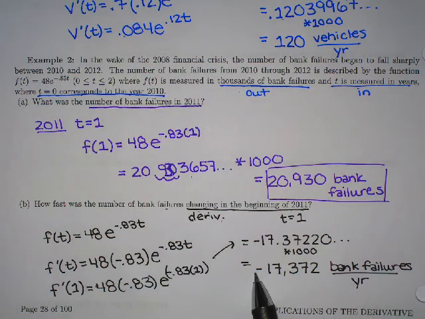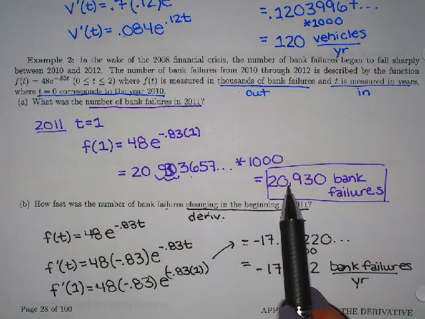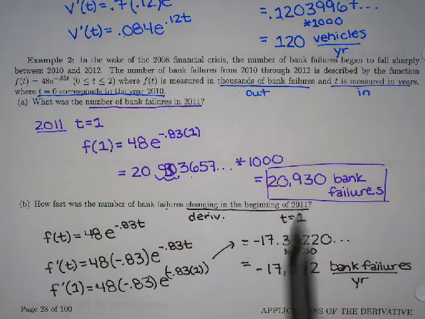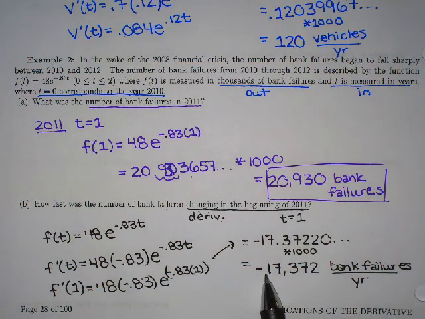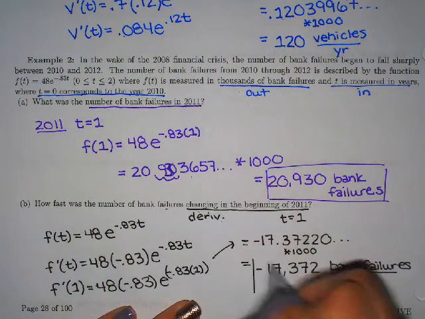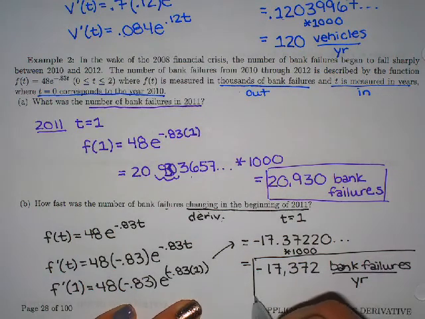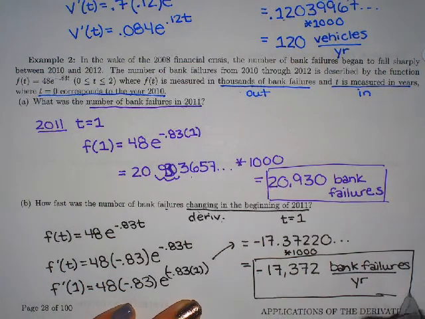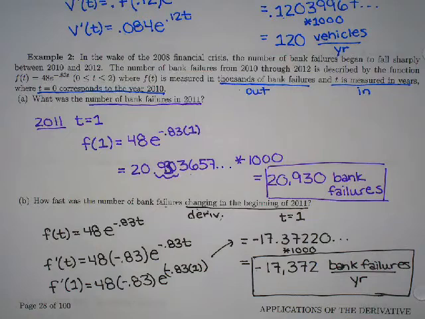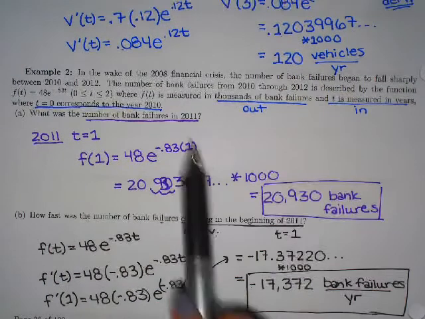So negative means the derivative tells you that the slope is decreasing at that instant. So there were about 21,000 banks that failed that year, but the rate of change is it was decreasing by 17,000 bank failures per year in that year. So it's going to be way less in 2012, which is good. The economy is starting to recover.